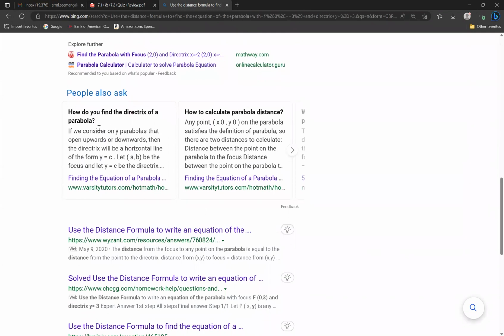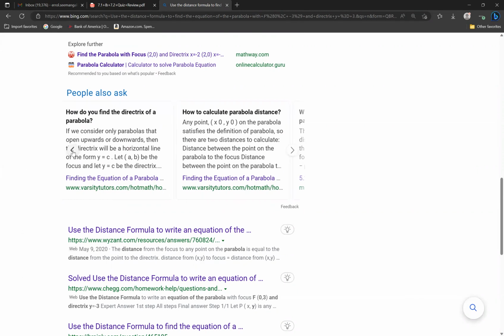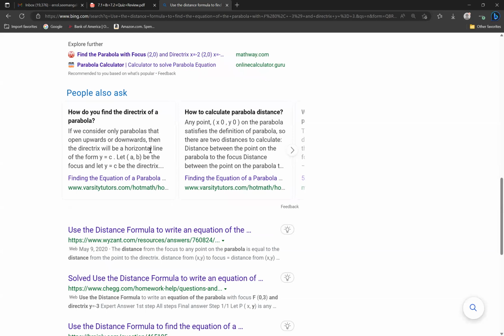How do you find the directrix of a parabola? If we consider only parabolas that open up or down, then the directrix will be a horizontal line of the form y equals c. Let (a, b) be the focus, and let y equals c be the directrix.